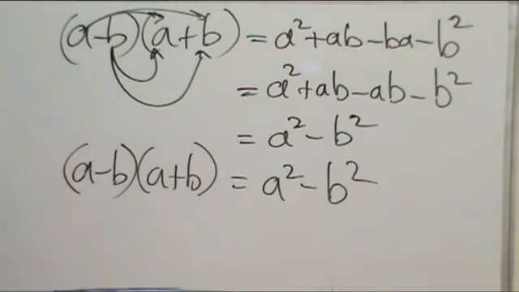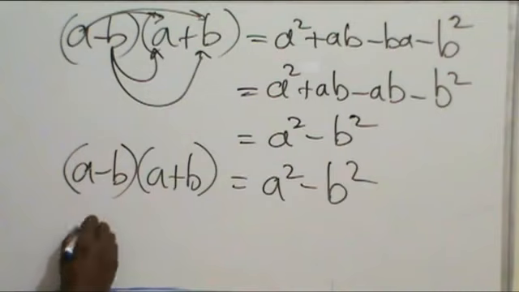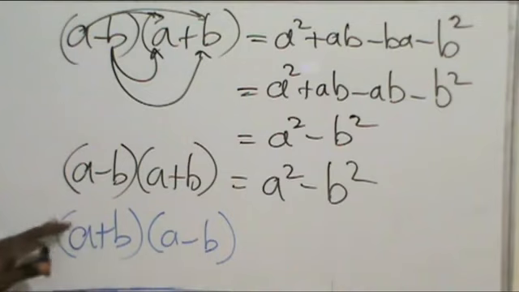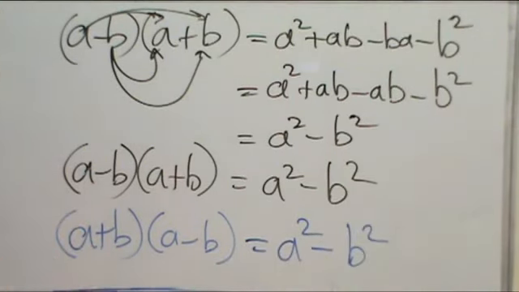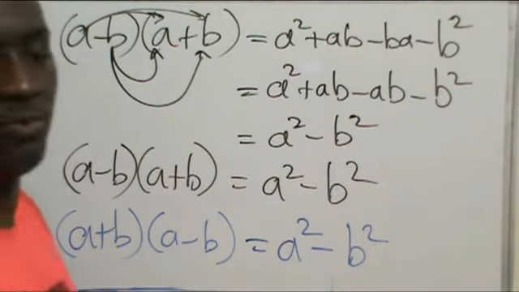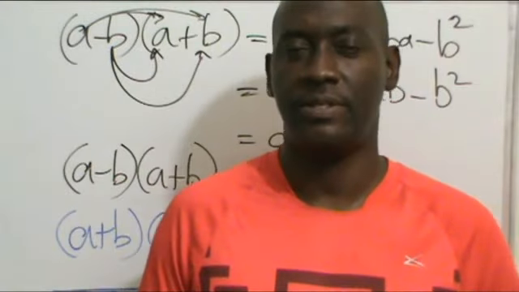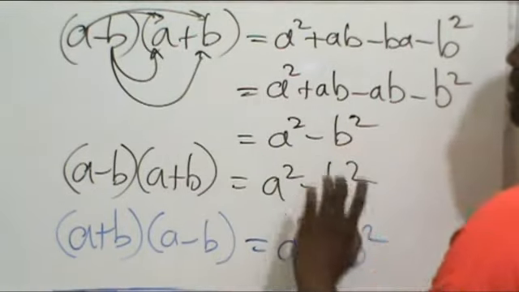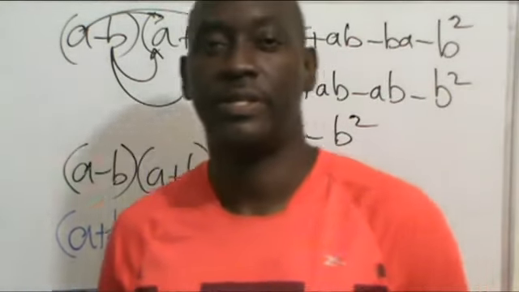This too is a special expansion, and as a separate exercise I will leave it up to you to multiply A plus B into A minus B, where we're just writing this with the positive sign in front. I'll leave you now to verify that that is actually equal to A squared minus B squared as well. So I want you to prove on your own that it doesn't matter whether you put the plus sign first or the minus sign first when you're writing the product of A minus B and A plus B. If you're having any difficulty here, you know how to reach me.